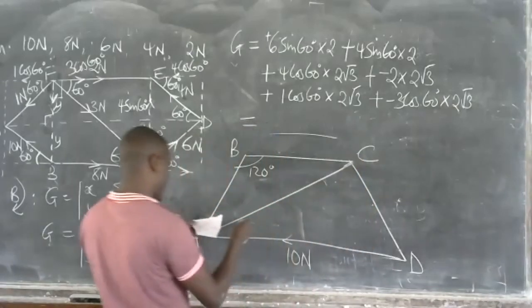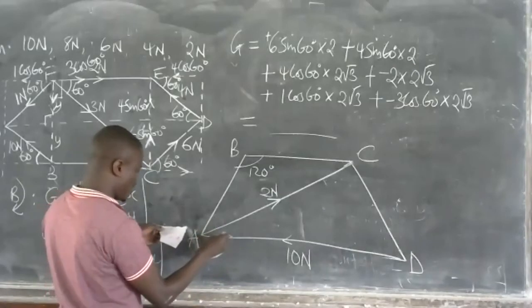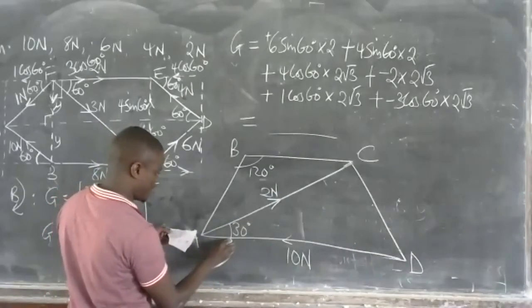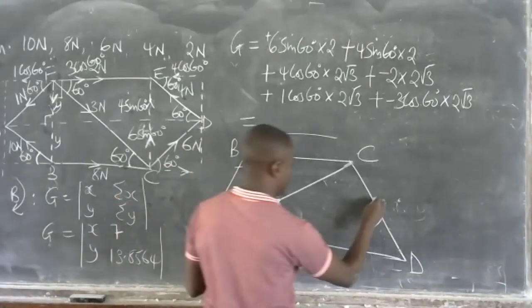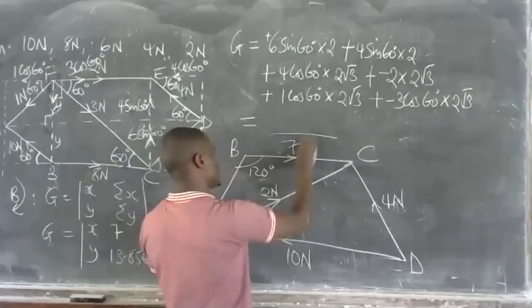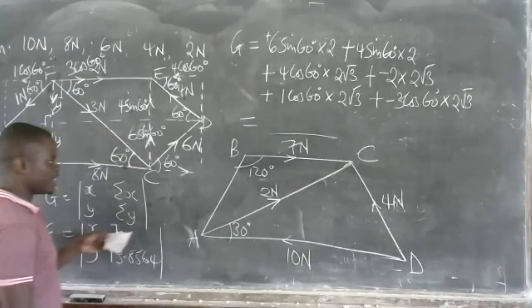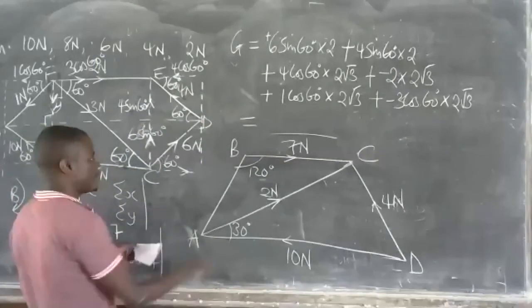Then here you can put 2 newtons. Now this is my own. Here you put 30. I was just recalling. And then here 4 newtons. And here 7 newtons. So this cannot be hard in case you get how the distances are calculated here.